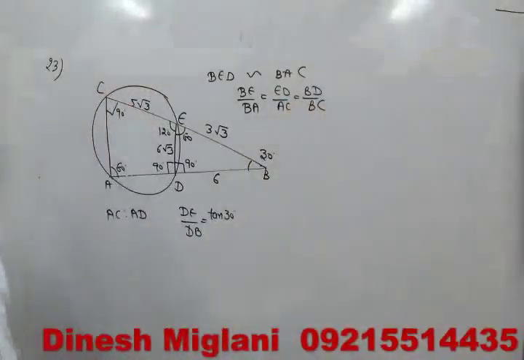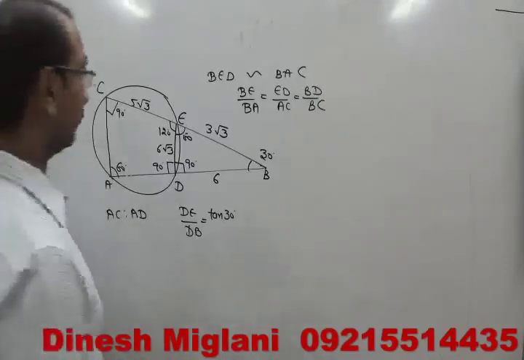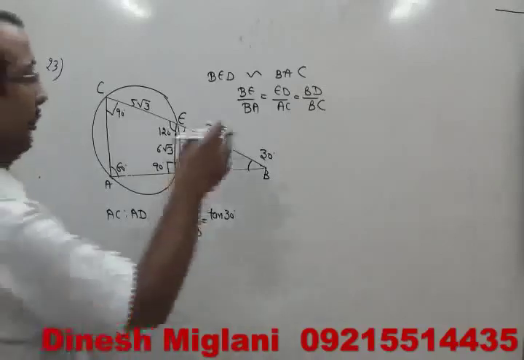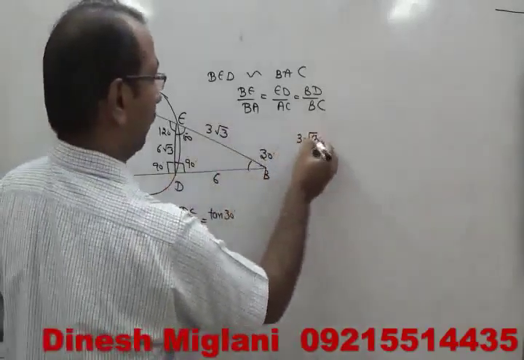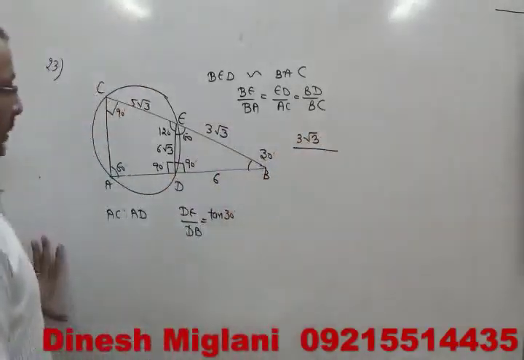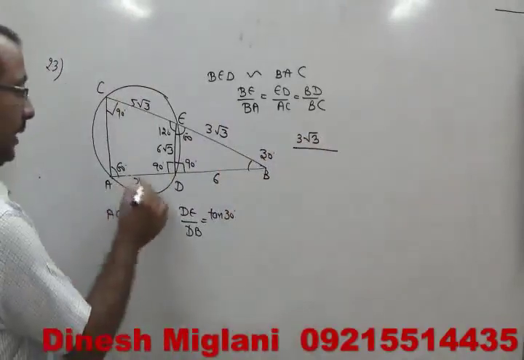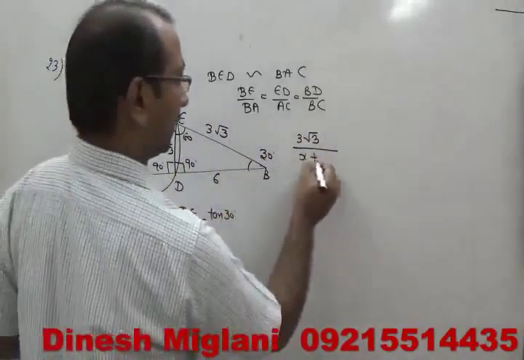Now try to take what values we have here. We have to find AC to AD. For that, I just try to find my values. First, BE is 3 root 3. BA we don't have, so let us say this is X, so BA is X plus 6.